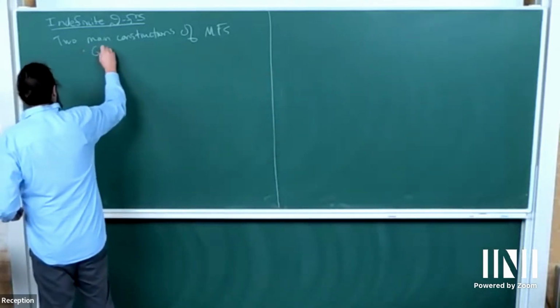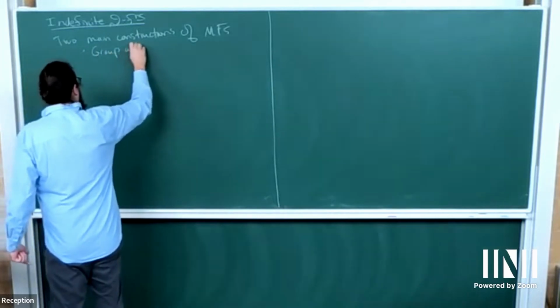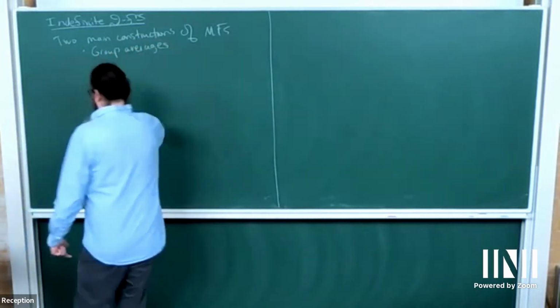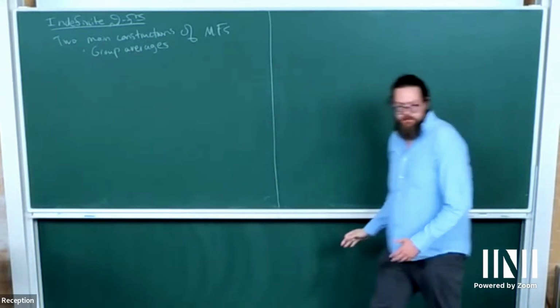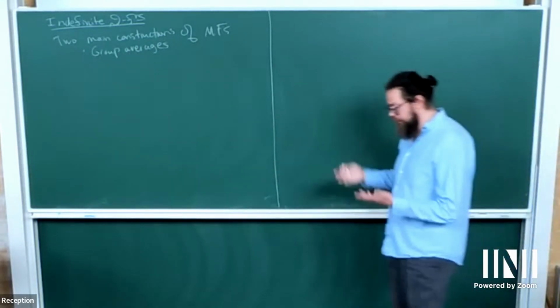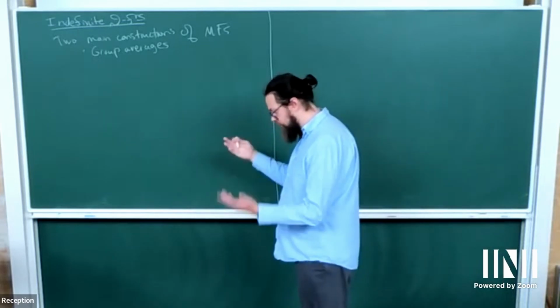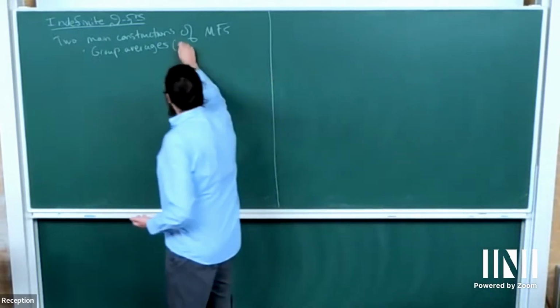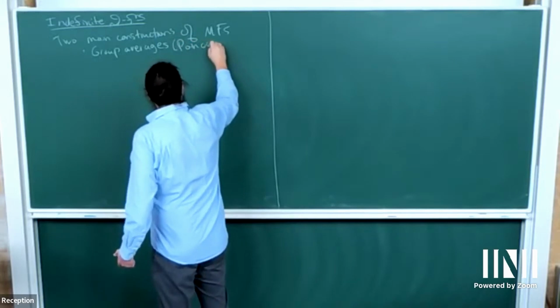And those are group averages. A modular thing is really something which is invariant under a group action, and you make something invariant under a group action by averaging: you take some fixed element, slash it over a whole group, sum it up, and try to fix convergence.